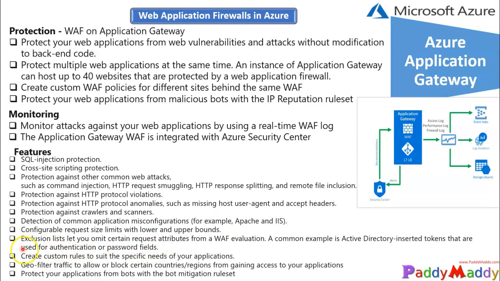An exclusion list lets you omit certain request attributes from WAF evaluations. A common example would be Active Directory inserted tokens used for authentication of the password fields, which would be automatically excluded. Geo filtering of traffic can allow or block certain countries. All that kind of configuration can also be configured on top of your WAF.